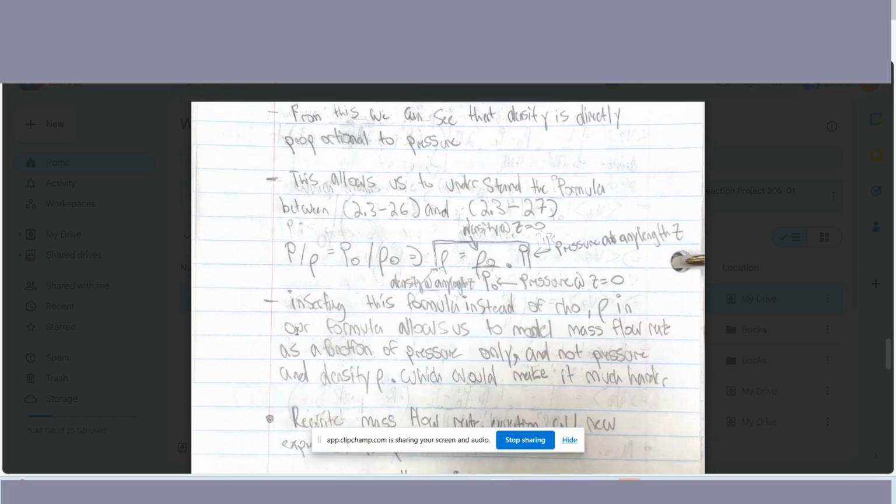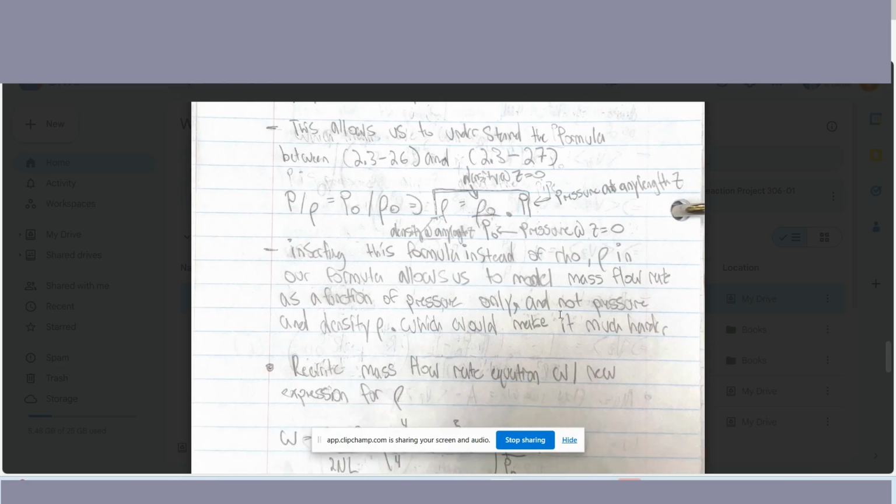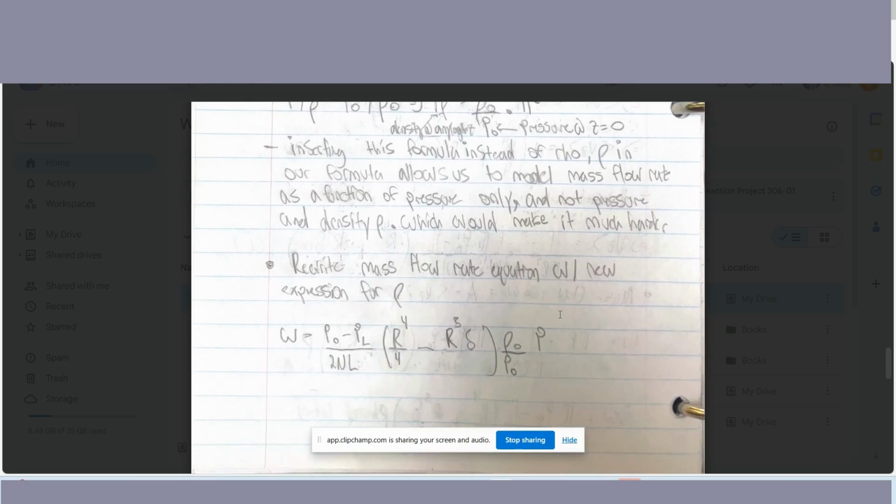So yeah, rho equals rho 0 divided by P0 times P. And we insert this instead of rho into the equation. There was rho here before, and we insert this instead of rho.